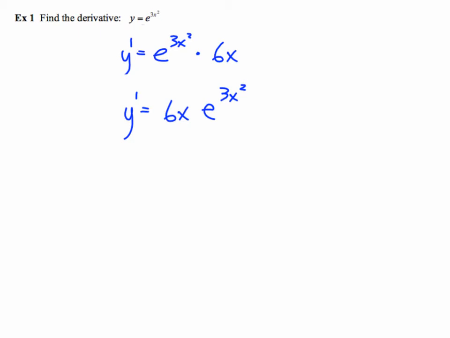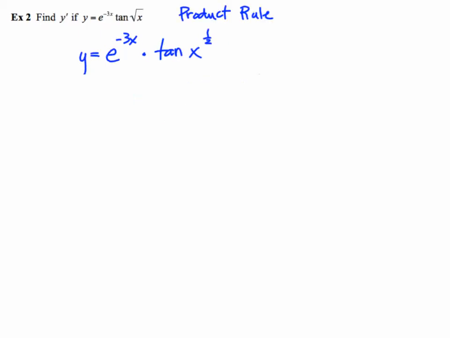In example 2, I've changed tan to the root x to tan x to the 1/2, and I have to use the product rule here. So the product rule, I leave the first term, take the derivative of tan x to the 1/2, which is secant squared x to the 1/2, times the derivative of what's inside.